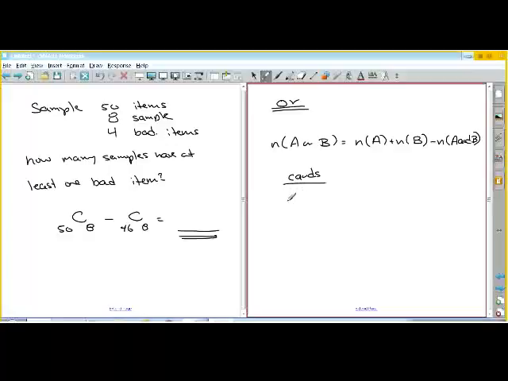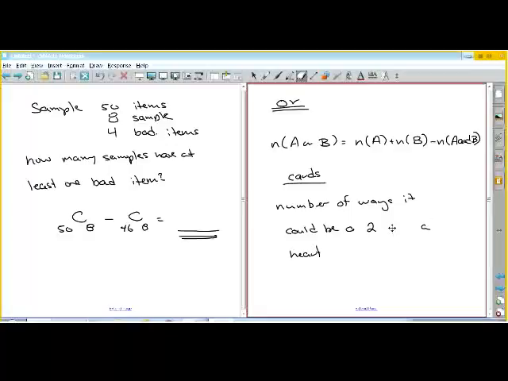So let's just give you a question. Out of 52 cards, the question is the number of ways it could be a 2 or a heart.